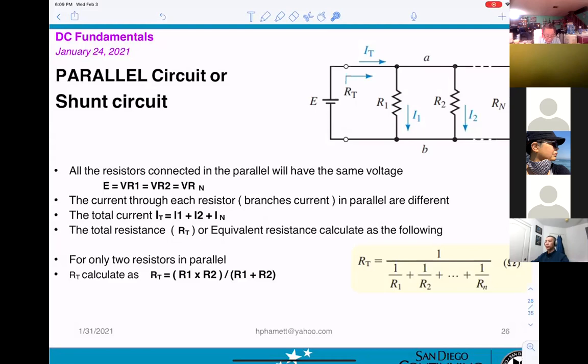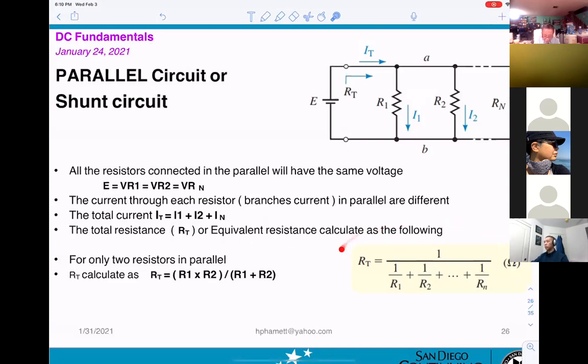The current through each resistor, called the branch current, will be different in parallel. However, I total will equal I1 plus I2 and so on. The total resistance, or equivalent resistance, is calculated as follows.